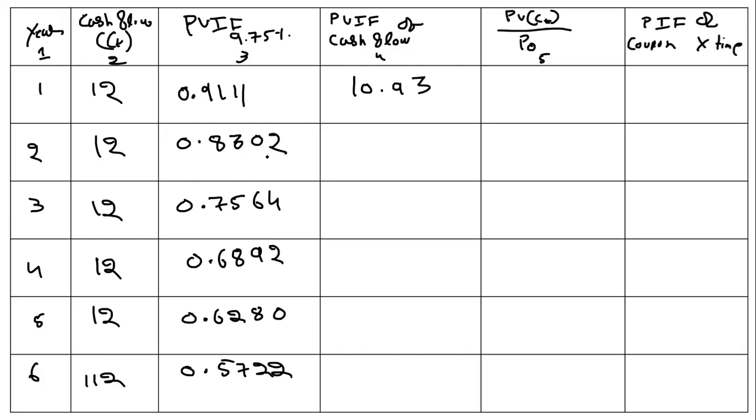Same thing here, multiplying 12 into 0.8302, we get 9.96, and here we get 9.07, next we get 8.27, next we get 7.54, and here we get 64.06.